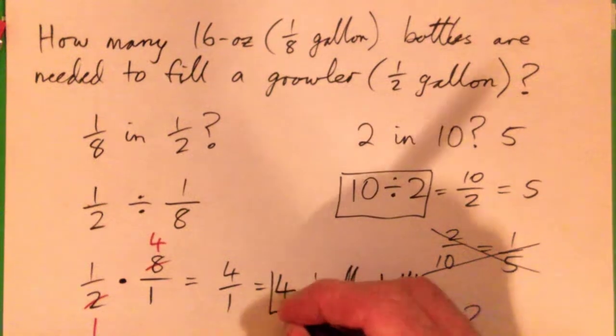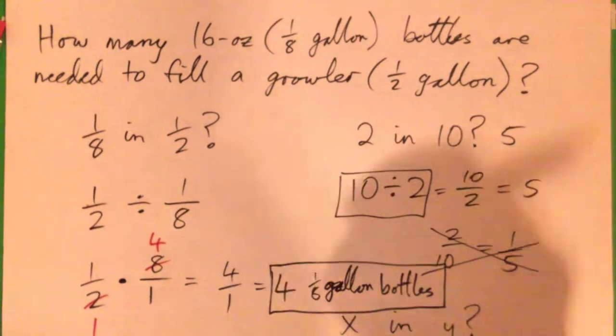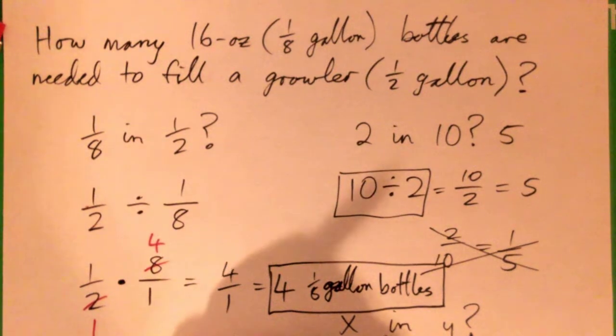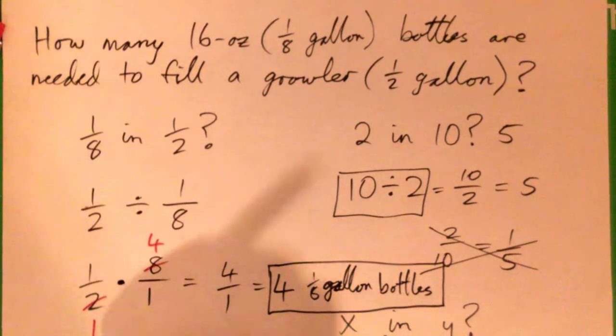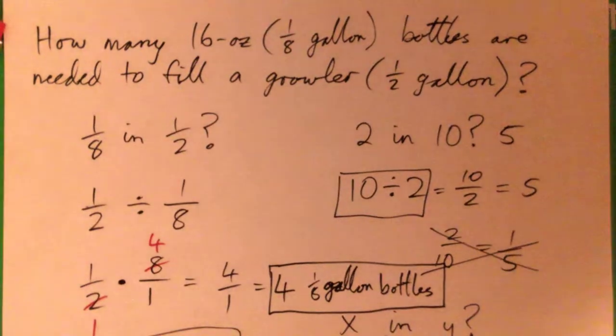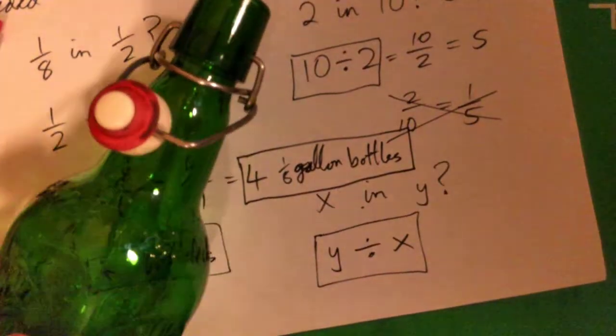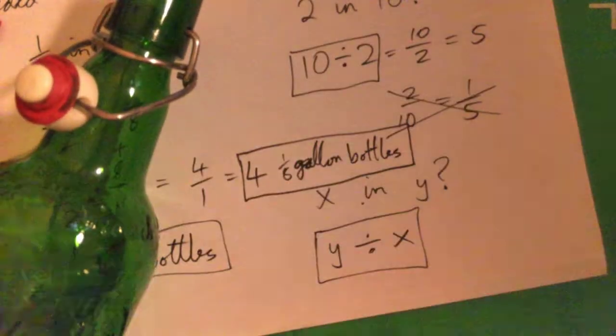So 4 bottles, basically. 4 of the small bottles will fill up the growler. Right? 4 of the little bottles will fill up the growler. Yep, and that's what we saw, because we saw 4 of these guys fill up this guy. Okay.